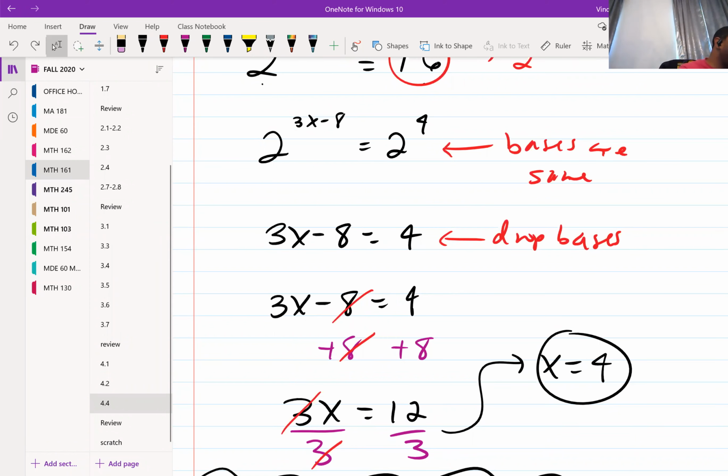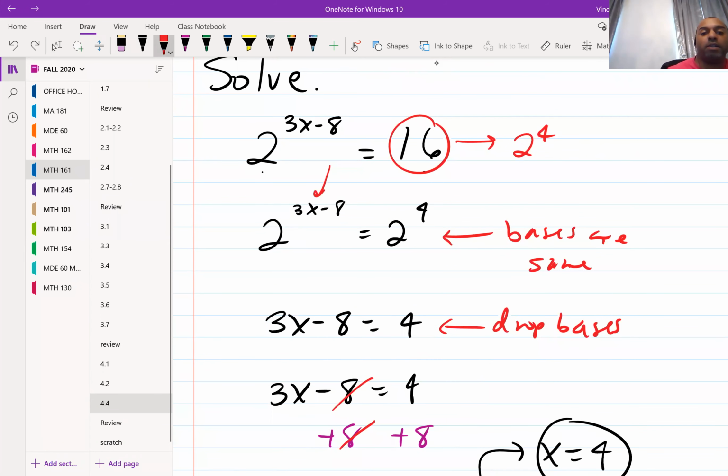So your answer is x equal to 4, not the exponent of 4. In other words, when I plug 4 back in here, 3 times 4 is 12, and 12 minus 8 is 4, so that'll give me 16.